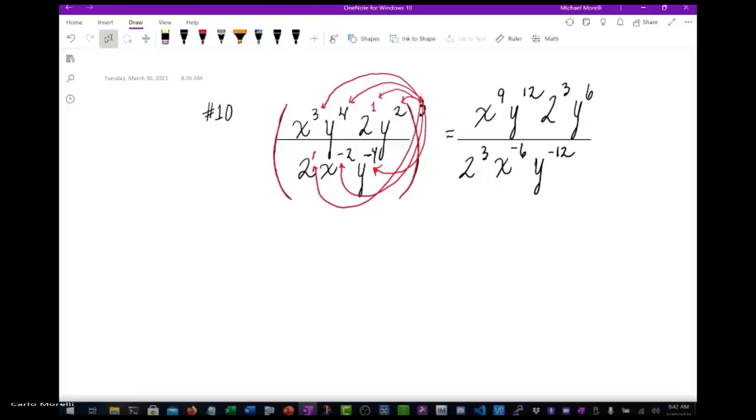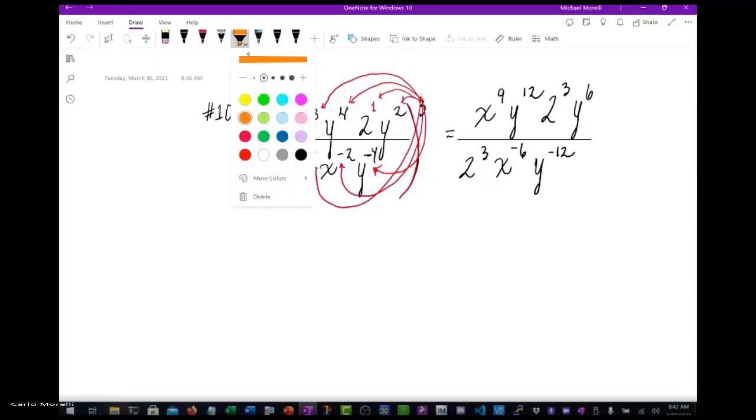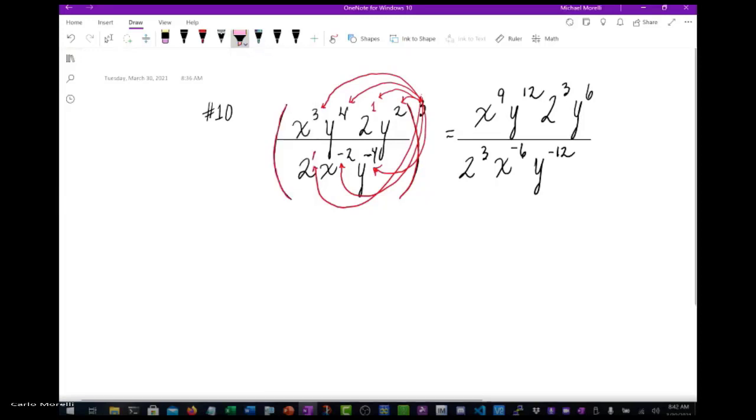Now we're going to play our game. I'm going to highlight the ones that we're going to have to move. We're going to have to move this guy upstairs and change his sign. And then we're going to have to move this one upstairs, change the sign. I don't see any other negatives.